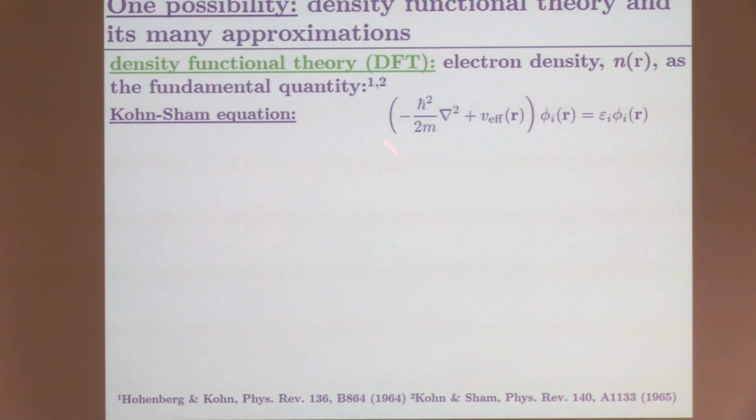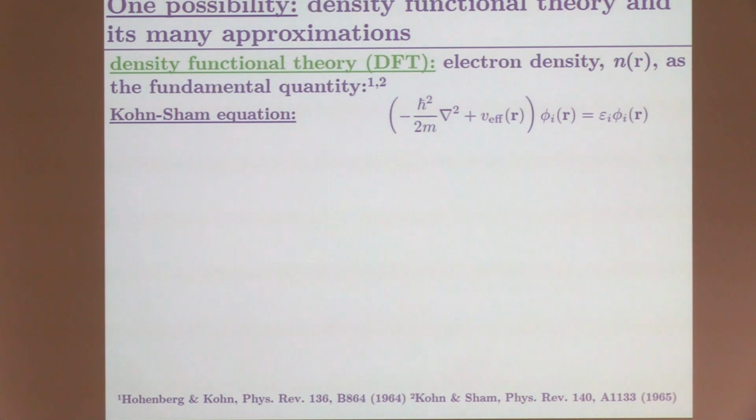Now, one way to use DFT in practice is in Kohn-Sham equations, and I've written down a Kohn-Sham equation here. And the difference to the previous quantum mechanical Hamiltonian is that in the Kohn-Sham equation and in DFT, instead of focusing on the many electron wave function, we here have single electron wave functions. So each electron in my molecule or metal is addressed by this Hamiltonian individually.